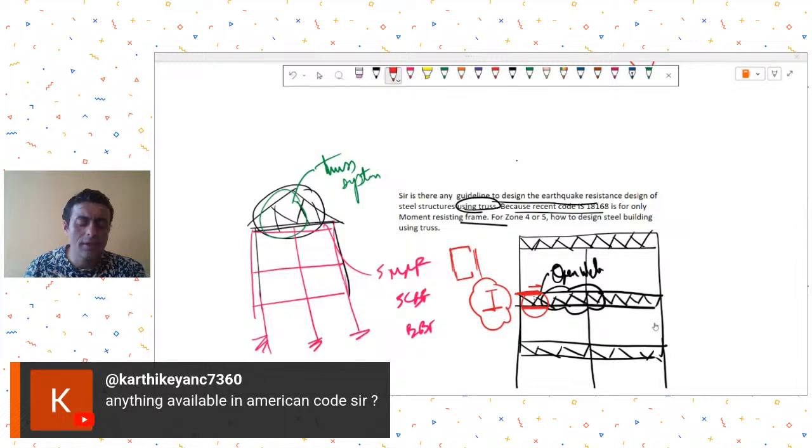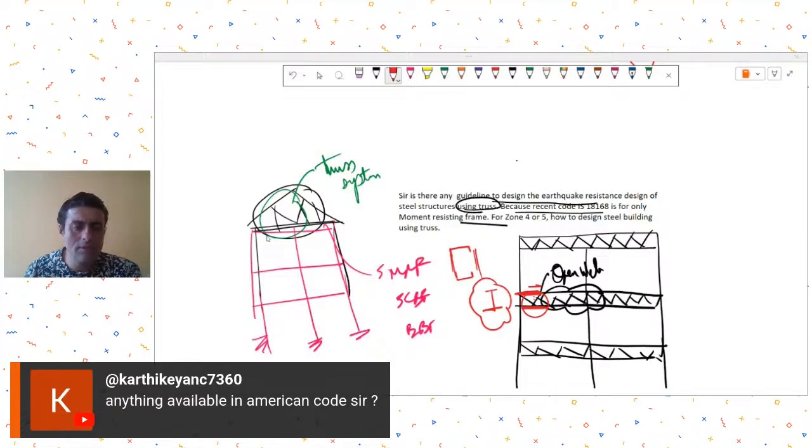In the American code, there are truss systems in AISC 341. Let me just confirm, although I have not read them. We have done a course on steel design based on the AISC code, in which we detailed out AISC 341 also, but we stuck to SMRFs, SCBFs, and EBFs.